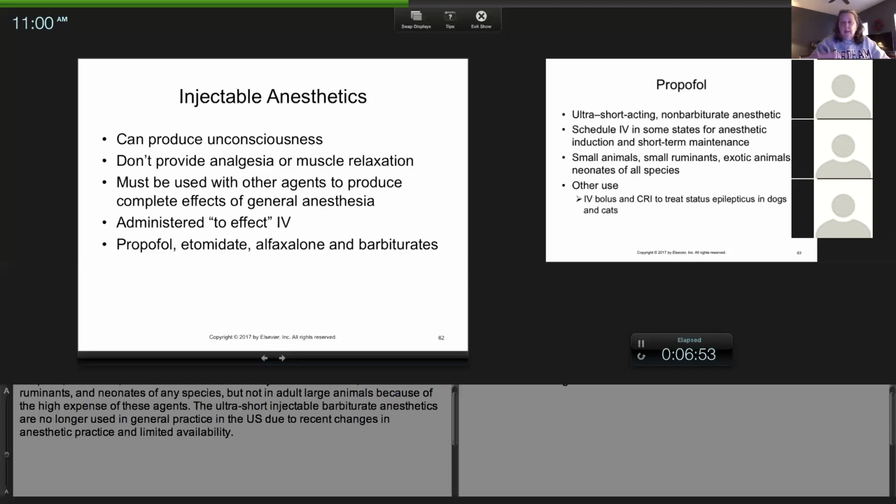So the drugs that I'm going to talk about: propofol. I'm going to talk about a drug called etomidate. The only drug you guys might have a hard time finding information on is alfaxalone, because it's so new. I have to look in the book, and it might be in your Plumb's, but it is fairly new.